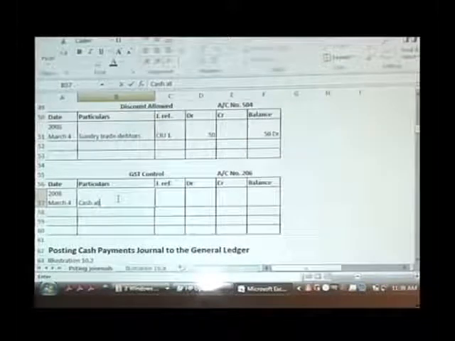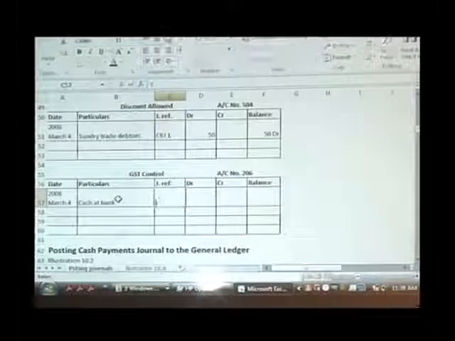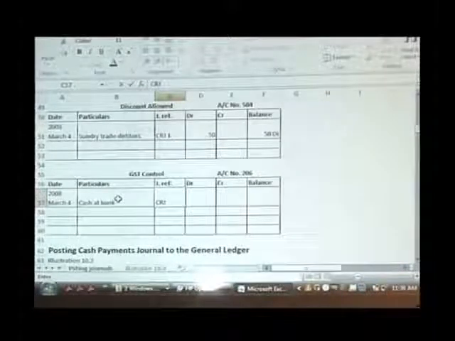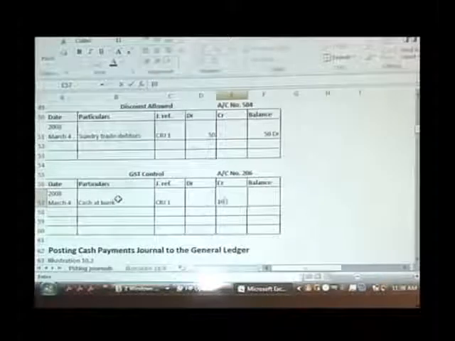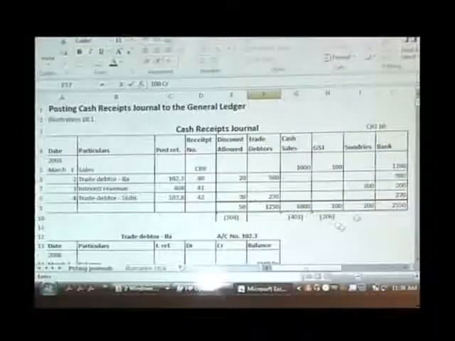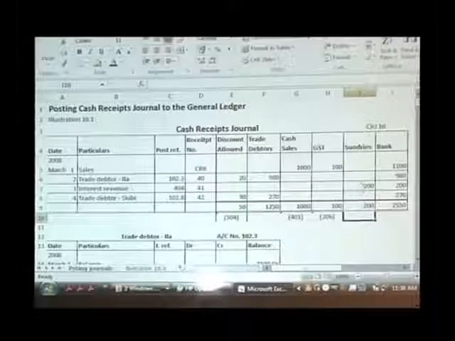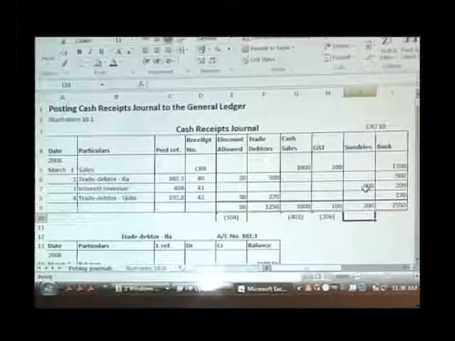Cash at bank, CRJ1, GST control account, credit 100 kina, credit. Then the sundries column is posted individually. The individual amounts in this column are posted individually, so we have already posted.